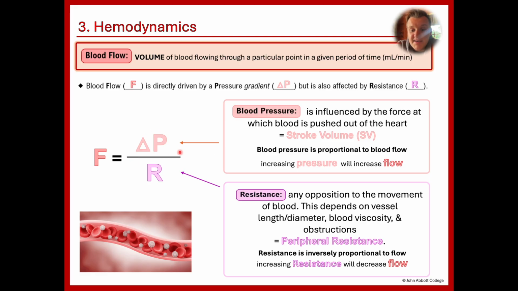So this is like a change, let's say, in the stroke volume, right? Let's say the heart contracts a lot stronger, then blood pressure is proportional to the blood flow. And so you're going to increase the pressure, and this would also increase the blood flow, right?